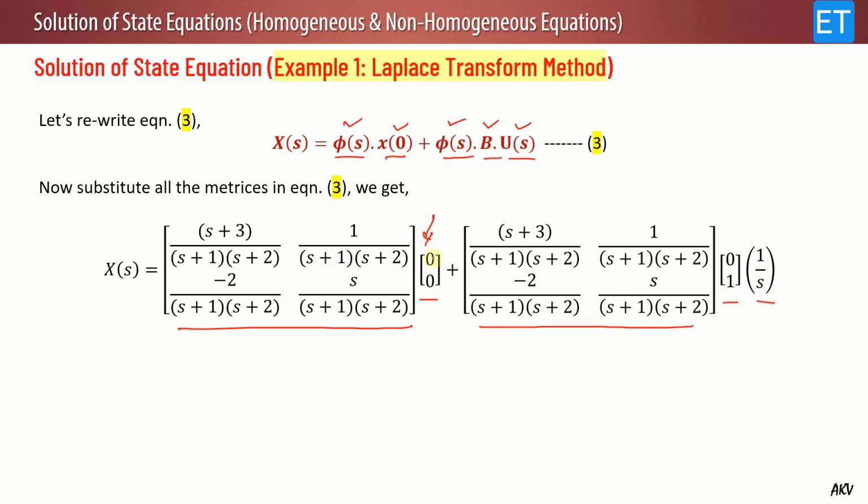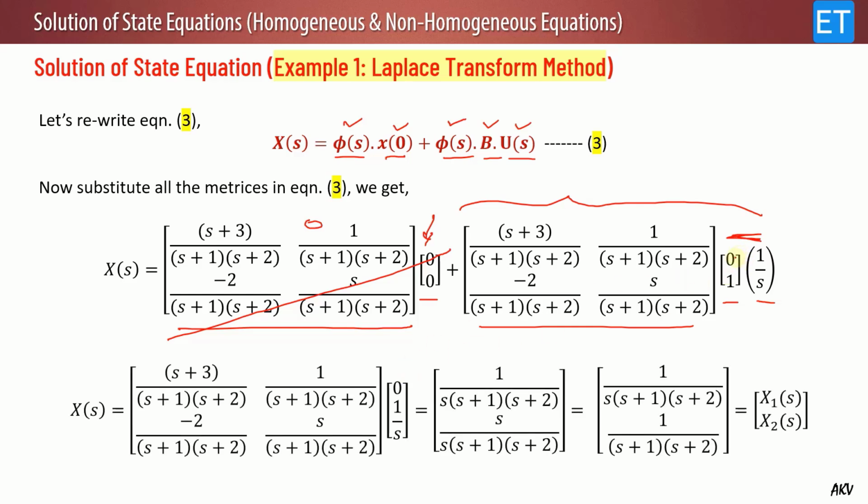And here you can see that this matrix is completely 0. So the multiplication of these two is 0. So the first part is eliminated, only the second part is remaining. So you just multiply these two matrices first. So this is 0, and in place of 1 you can write 1 upon s, like this, okay.